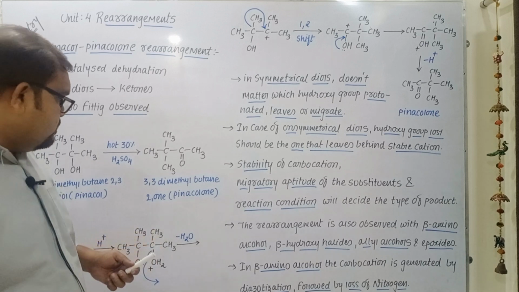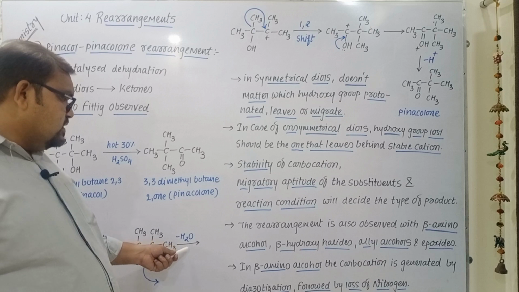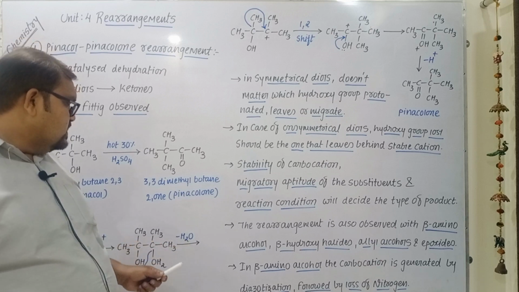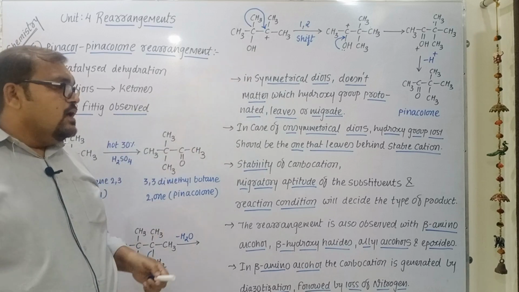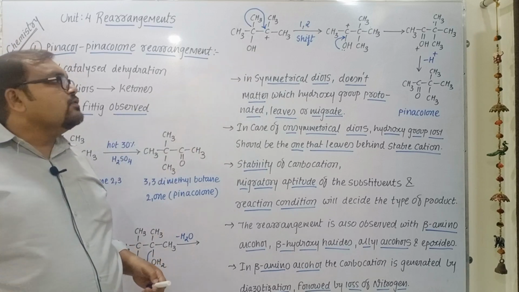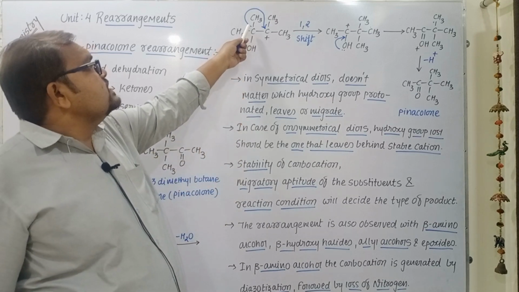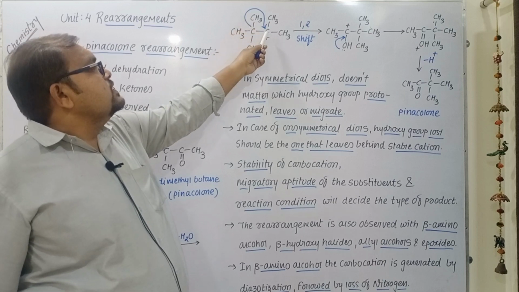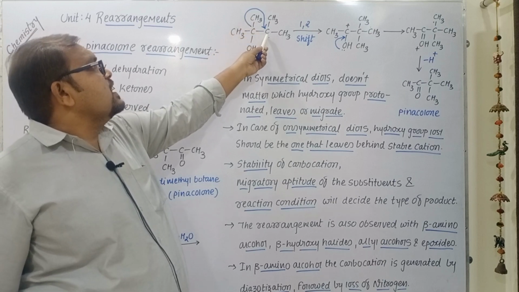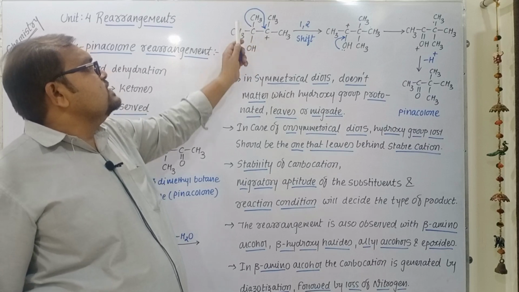Now in the next step, what will happen? This intermediate will undergo loss of a water molecule, as we can see here, which is known as dehydration, and we will get a carbocation. After formation of this carbocation, a methyl group or any substituent on the adjacent carbon will shift towards this charged carbon, and the charge will be transferred to the adjacent carbon.